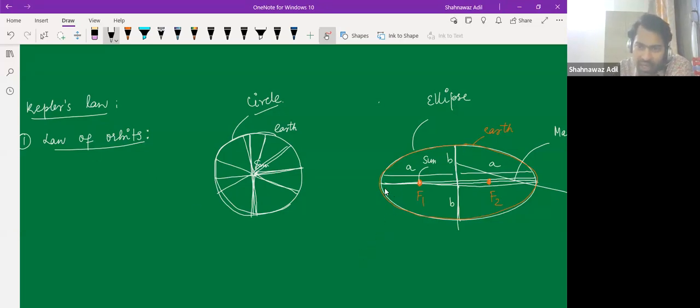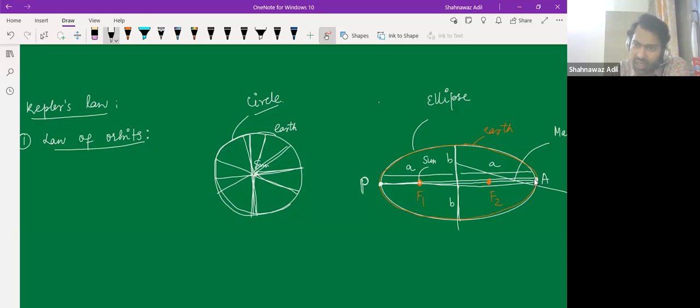And there will be two points. Let's say this is P and this is A. What can you say about this point P and this point A? This is the smallest distance between the Earth and the Sun, right?